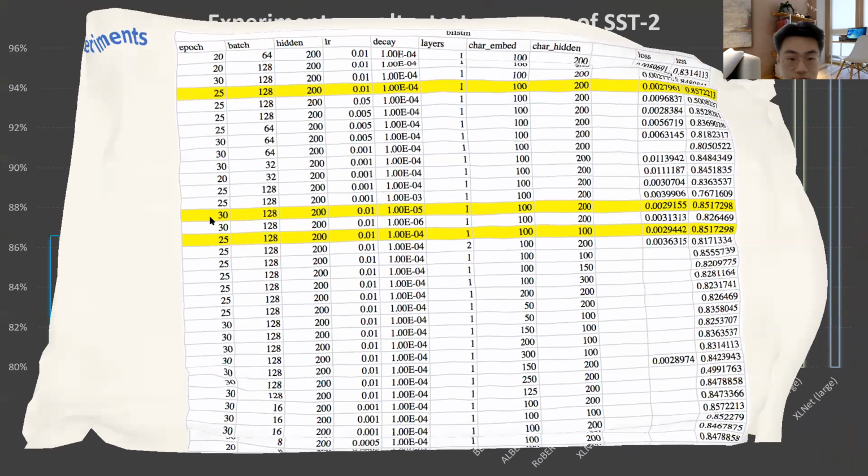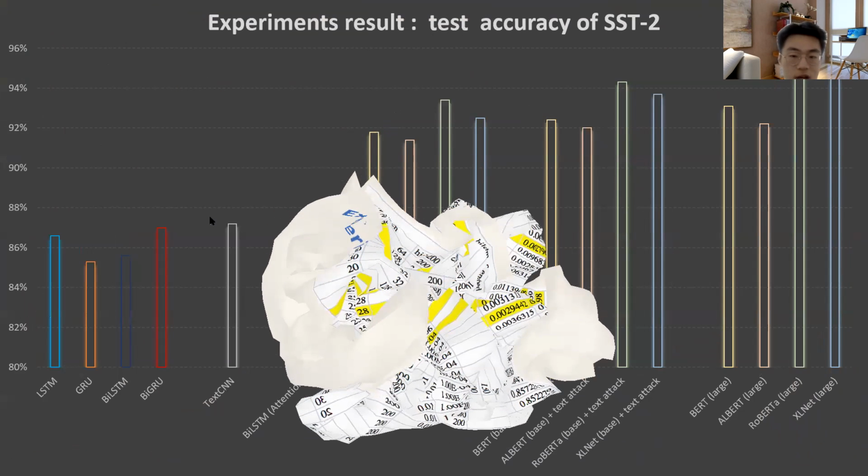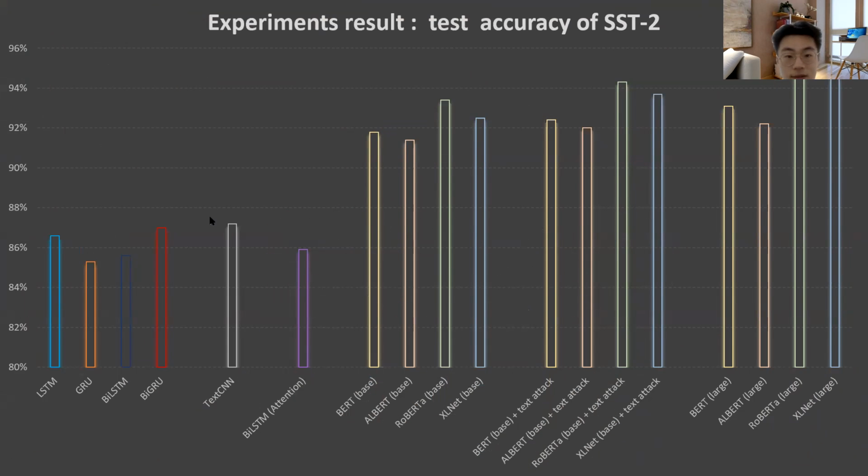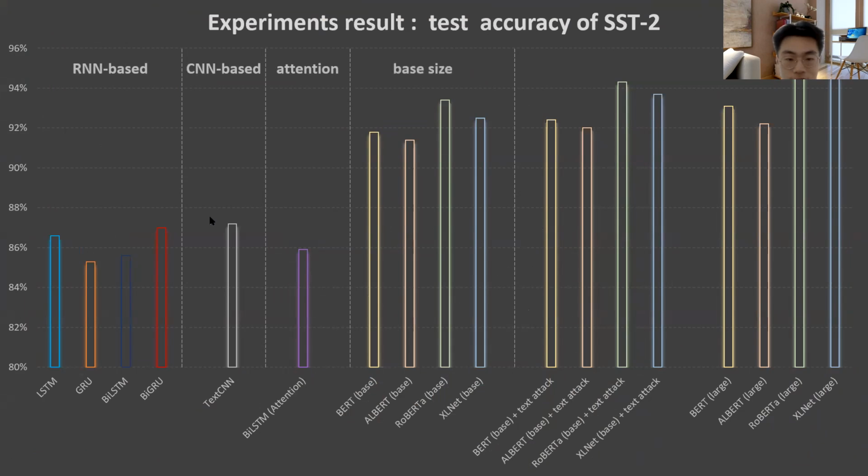And this is our final result, which shows the accuracy on the test set of each model. These 4 are RNN-based models, and the white one is the CNN-based model. The purple is bi-LSTM plus attention, and these 4 are BERT, ALBERT, RoBERTa, and XLNet models with base size.